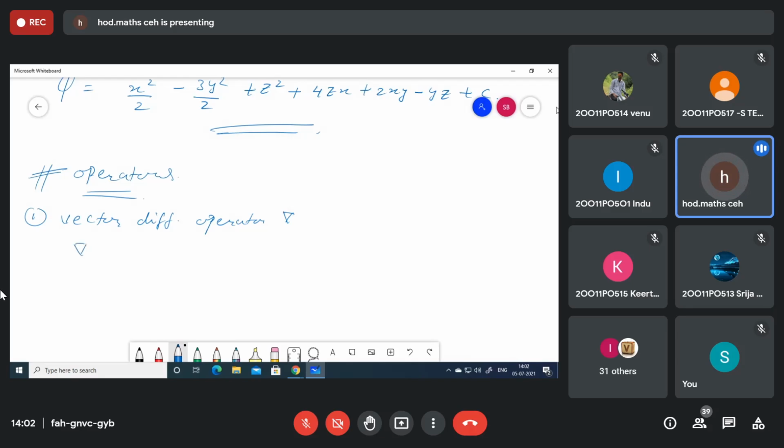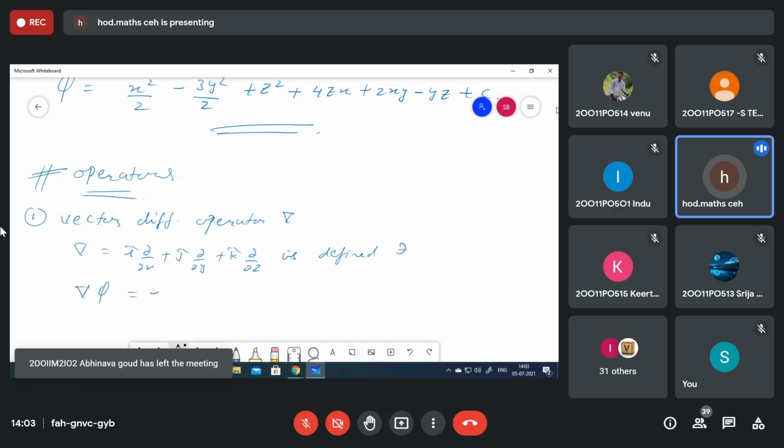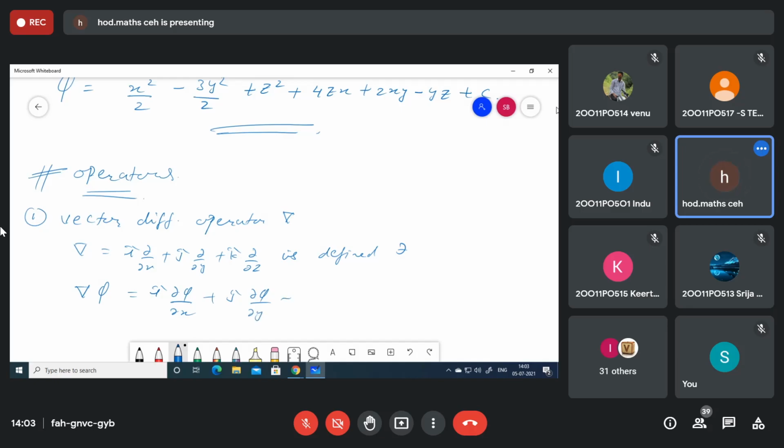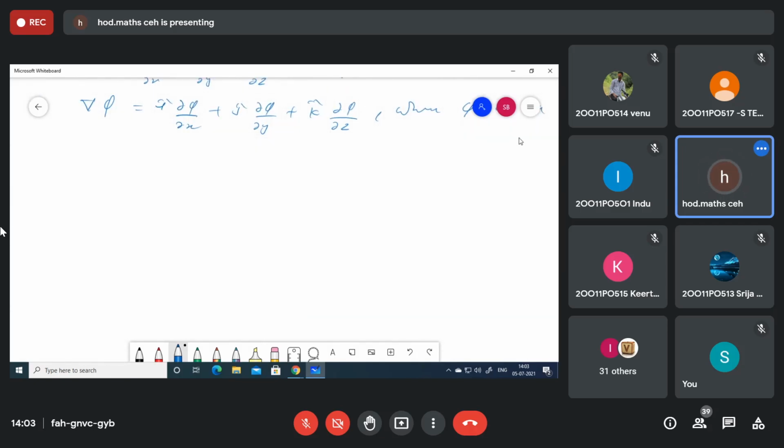See, this operator is defined as i dou by dou x plus j dou by dou y plus k dou by dou z, and this is defined such that del phi is i dou phi by dou x plus j dou phi by dou y plus k dou phi by dou z, where phi is a scalar point function, not potential, scalar point function.